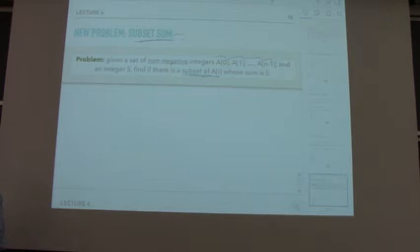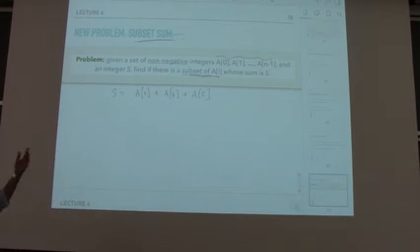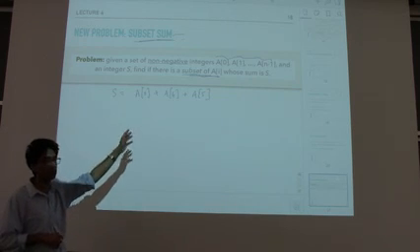Maybe s is equal to a0 plus a4 plus a5 or something like that. Or s may be the sum of all the things. Is the statement clear? You're given a target S, and you're given this bunch of things. You want to find the subset of these that adds up to S.